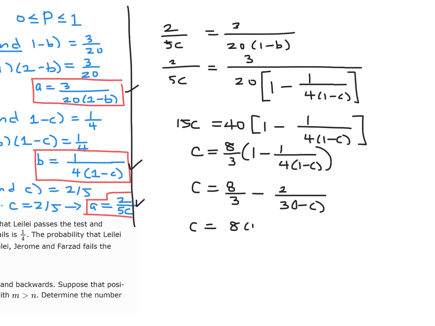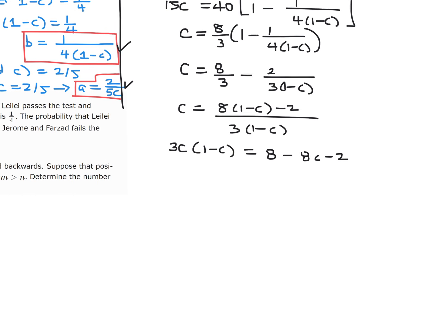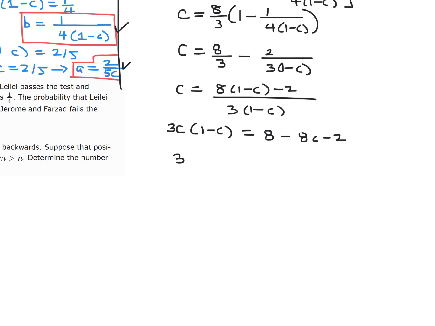So 8 times 1 minus C minus 2, all over 3 times 1 minus C. So if you cross multiply, it'll be 3C times 1 minus C. And that's going to be 8 minus 8C minus 2. And this is 3C minus 3C squared is equal to 6 minus 8C.